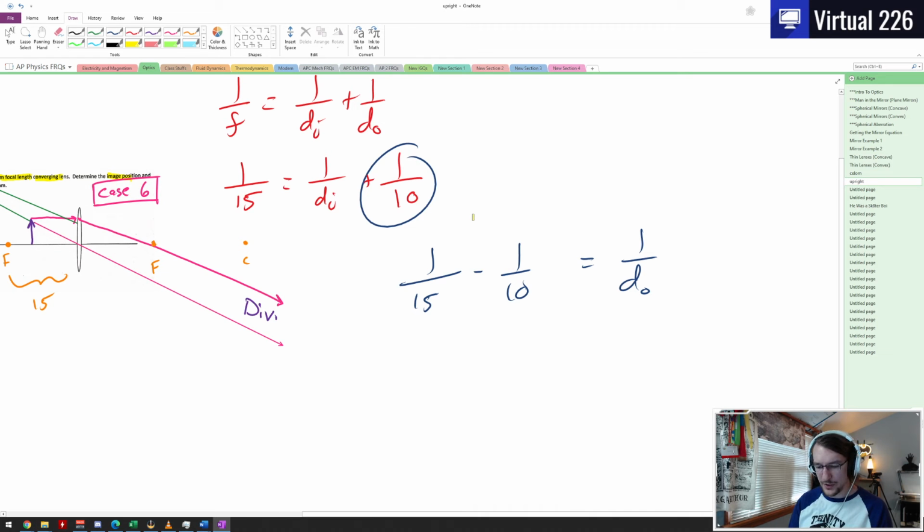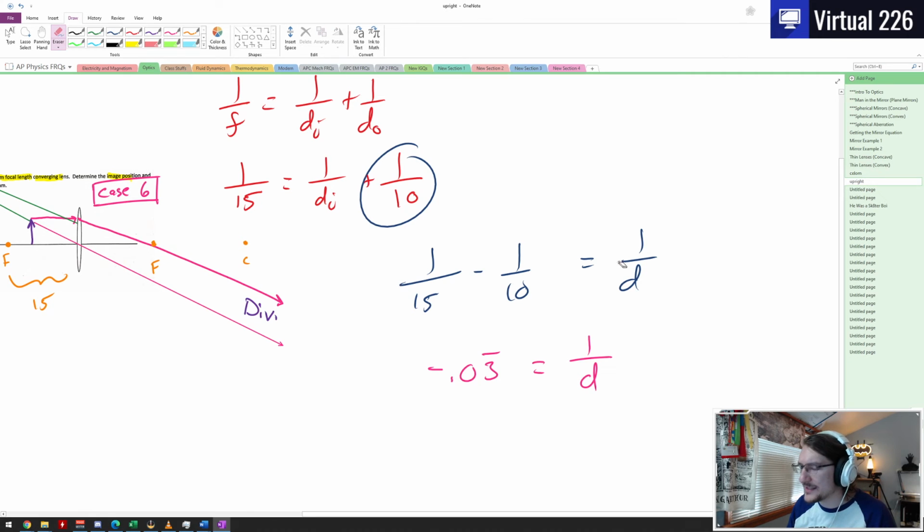So I'm going to have 1 over 15, which is 0.06 repeating, minus 1 over 10, which is just 0.1. So I'm going to get here a negative value, negative 0.03 repeating. Or you could do common denominators, where 30 would be your common denominator. This is going to equal 1 over di. Oh, I have a typo here.